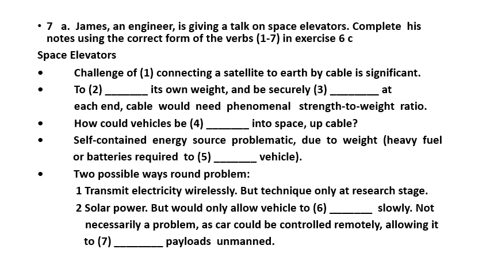Complete his notes using the correct form of the verbs from 1 to 7 in exercise 6c. So we are going to use the previous words or verbs we have just illustrated, explained or defined to complete this talk by James.